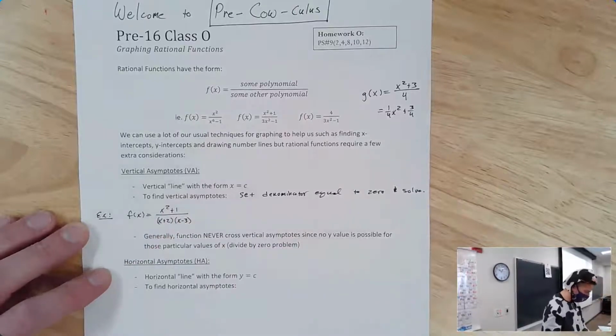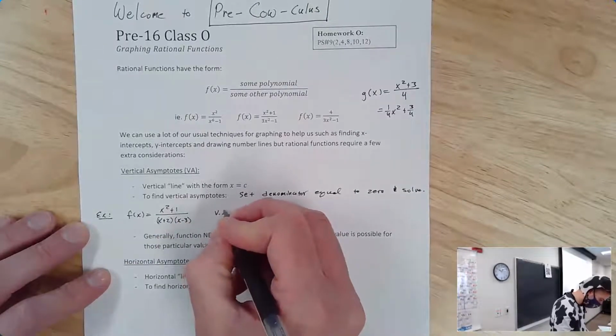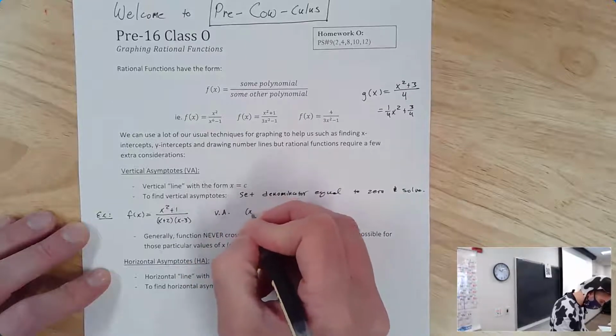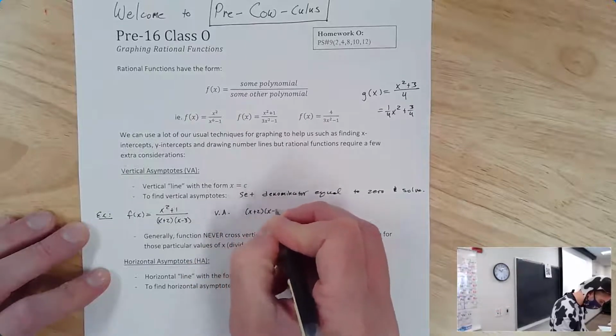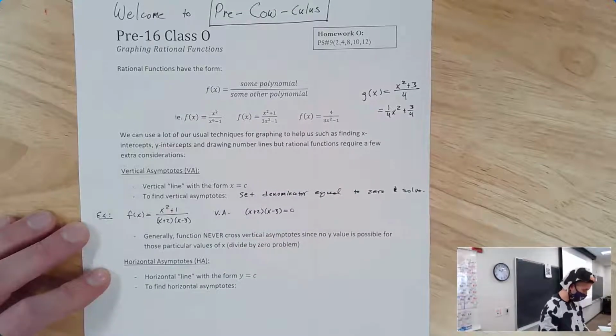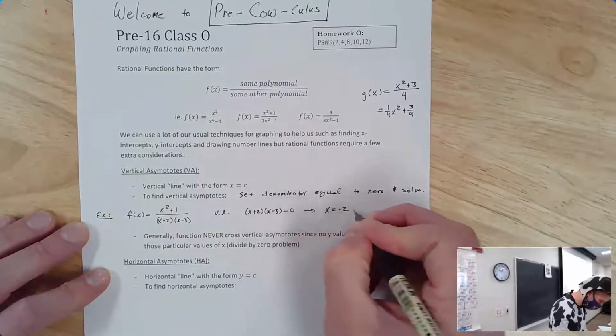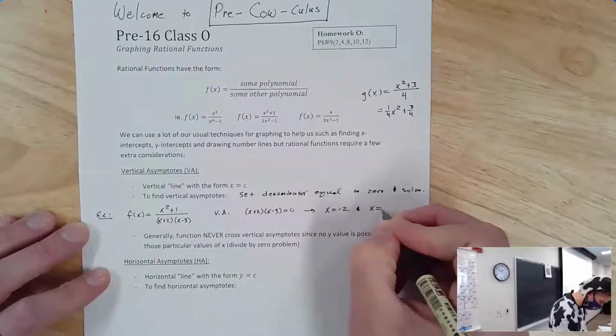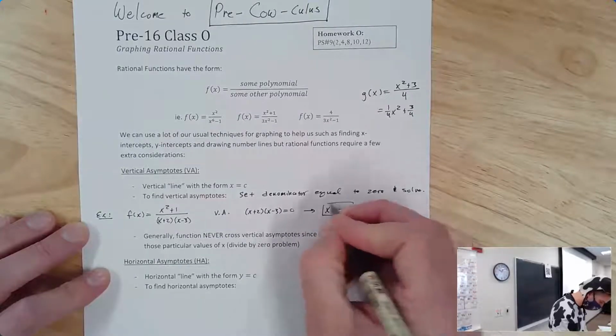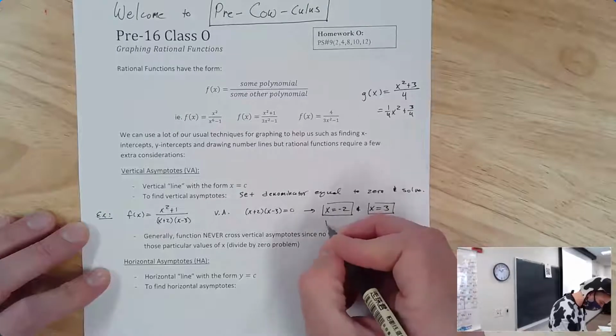To find the vertical asymptotes, we're just going to set x plus 2 times x minus 3 equal to 0. And we're going to solve, and we're going to get x equal to -2 and x equal to +3. And those are both going to be vertical asymptotes.